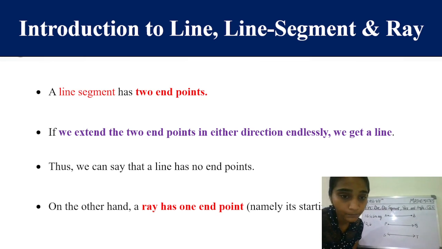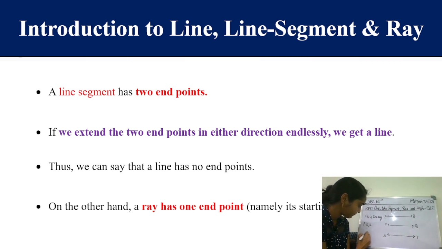Okay, one endpoint. And if we extend, students, the two endpoints in either direction endlessly, we are saying that we get a line, because it does not have any endpoints. So here ST is a line.